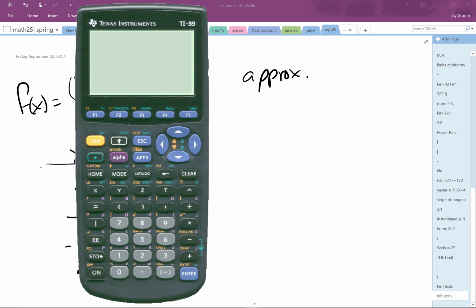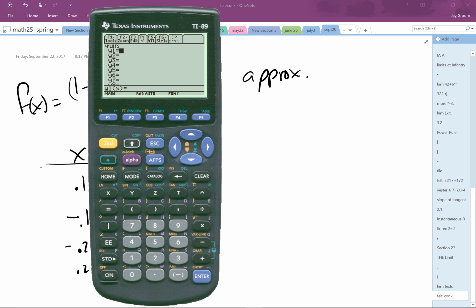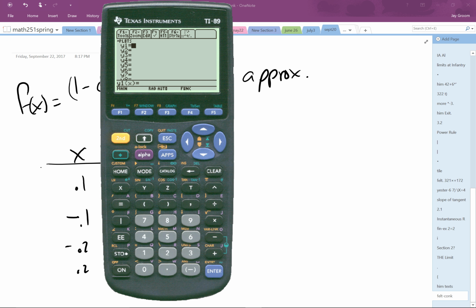Now, some people like to use their calculators. I get it. If you have them, good for you. And so on this deal here, I would go to y equals, and I type in my function. Again, notice the rad here at the bottom says it's in radian mode. So 1 minus cosine of x divided by x, and it needs to be in radian mode.